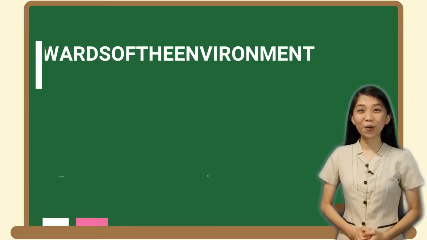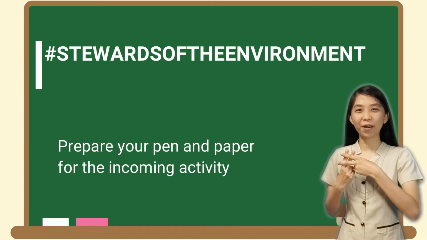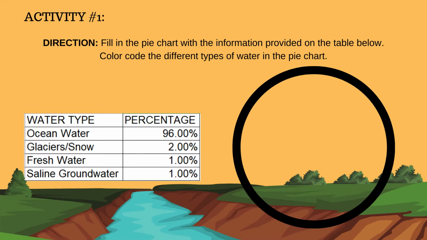Let us continue our journey to be the stewards of the environment. Answer the activity. Direction: fill in the pie chart with the information provided on the table below. Color code the different types of water in the pie chart. Any color will do.